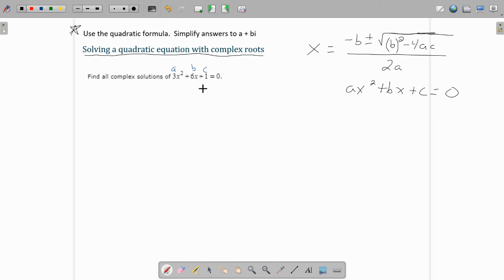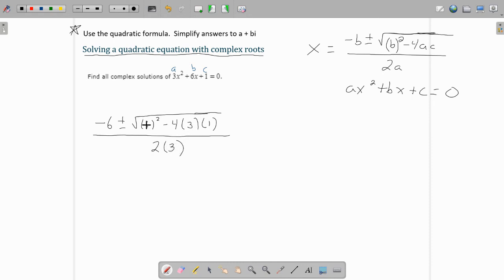So the opposite of 6, so minus positive 6 is just a negative 6, plus or minus 6 squared minus 4 times A times C all over 2 times A.